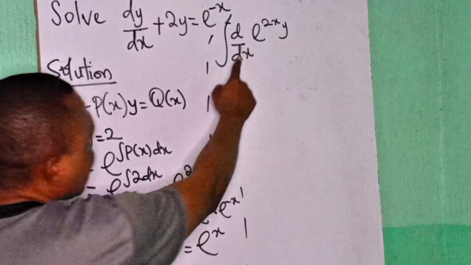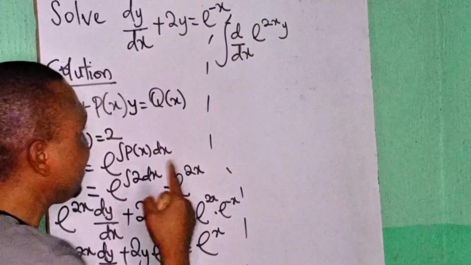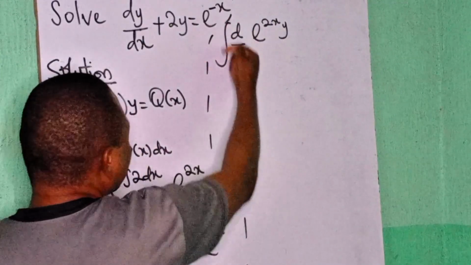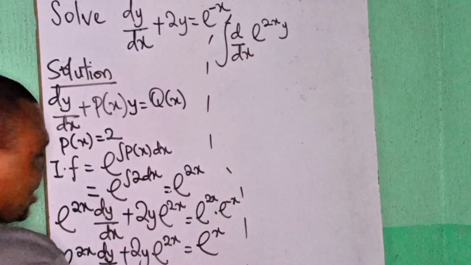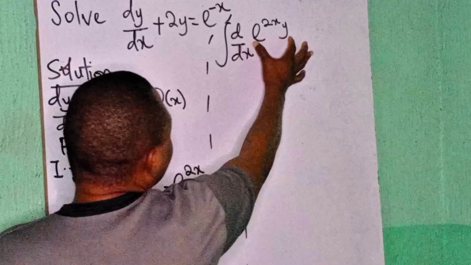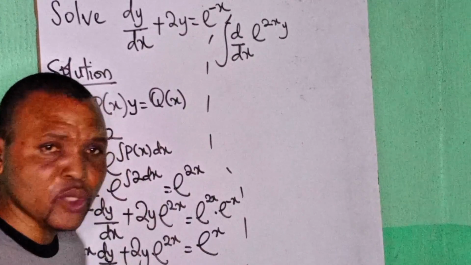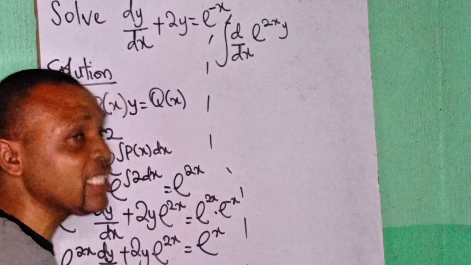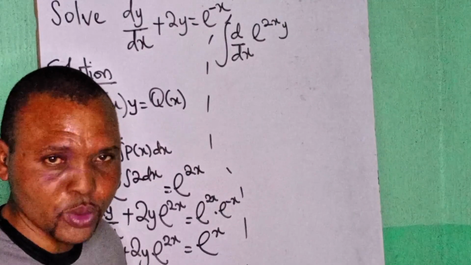Remember this is how to differentiate: if I see d over dx, I'm asked to differentiate, and this is the integral sign. So this now is the same thing as this. Can we prove it? Let us prove it. Now what rule are we going to apply? We have the function of a function rule, the product rule, and the quotient rule. Since we are not dividing, we can't apply the quotient rule here, so we are going to be applying the product rule.